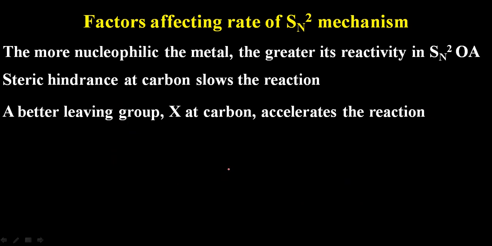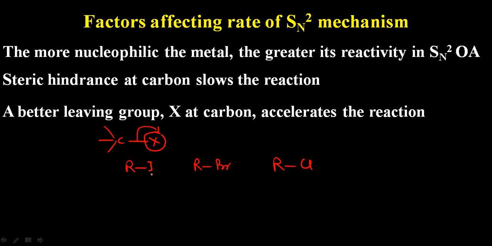The next point is the nature of the leaving group. The leaving group is the one which is attached to the carbon atom. The easier the release of this group, the faster is the SN2 rate. So we know that if we have this X as I, we can write it as RI, RBr, RCl.